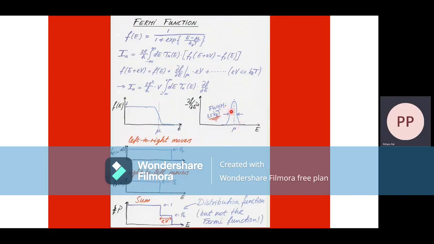And these two classes of particles actually have different chemical potentials, right? One corresponds to the chemical potential of the right lead, and the other corresponds to the chemical potential of the left lead.